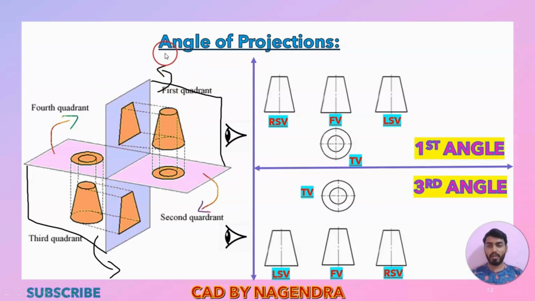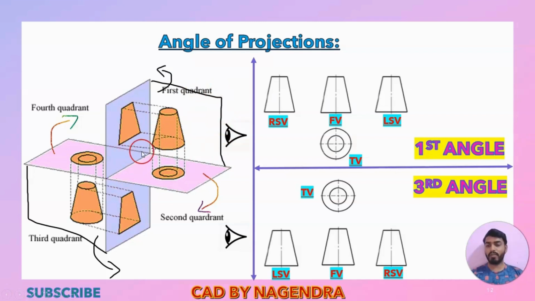Then let's see from the top. If we are seeing from the top side, we are able to get this circle and this circle. So the two circles will be projected onto this horizontal plane. Why? Because we are looking from the top. Then assume that we have one more plane here like this, and we are able to see this object from this side.